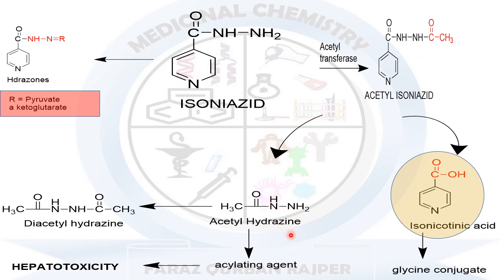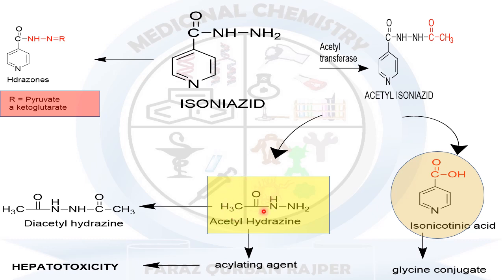Now this acetylhydrazine can undergo acetylation again by the acetyl transferase enzyme. A second acetyl group will be introduced in its structure and diacetylhydrazine will be formed. You may observe this is the acetylhydrazine, this is the hydrazine part, this is the acetyl C-CH3.